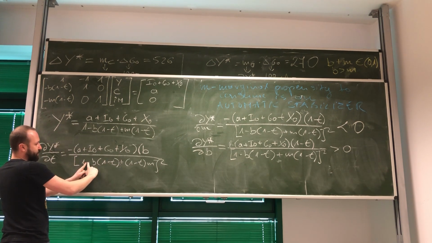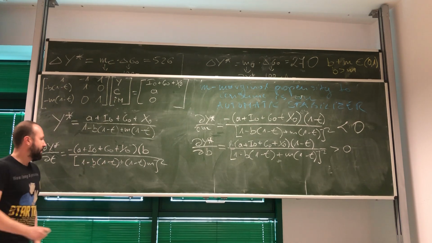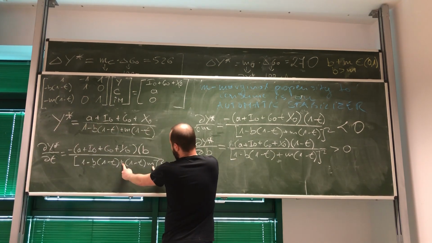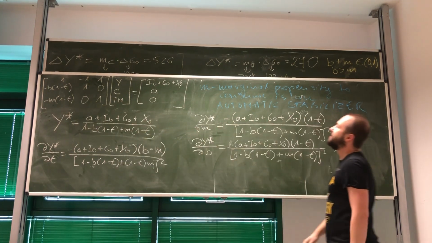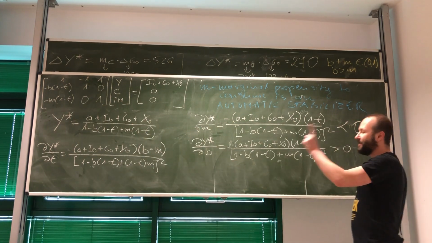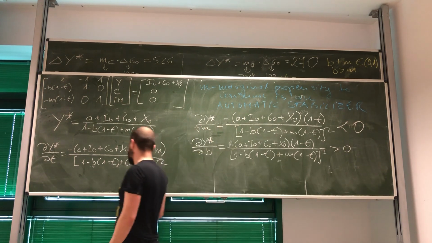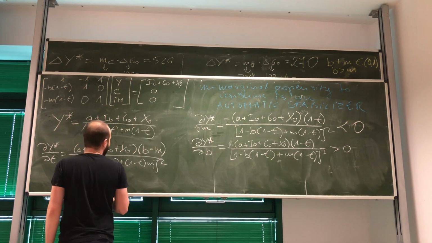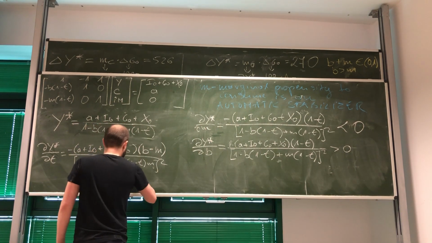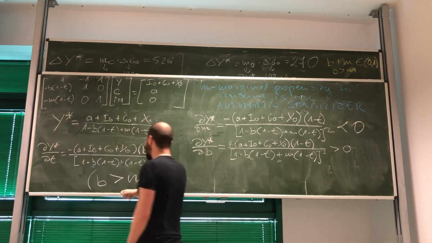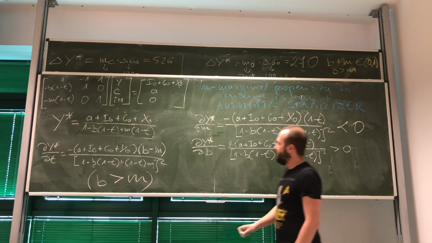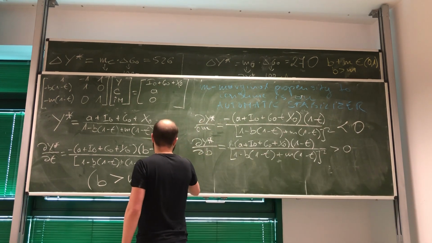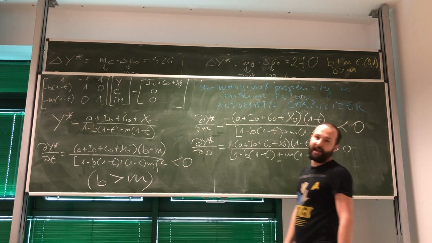Minus and minus gives us plus, and the coefficient on t from this is just b. Out of here, it's negative m. And now again, we see that under the assumption that b is bigger than m, the value of this expression is negative.